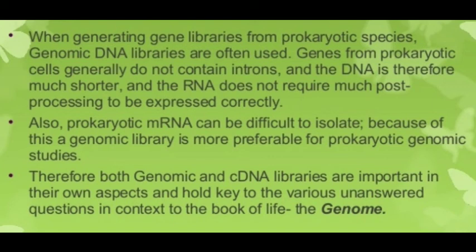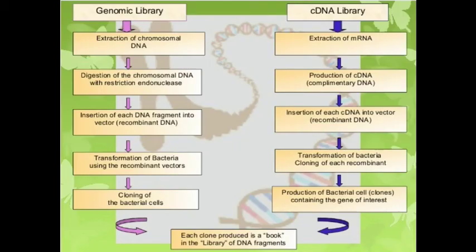Now, in genomic library, prokaryotic cells are also preferred. So, it is most preferable, but for complementary DNA library, it can be done only for eukaryotic DNA. Clear?